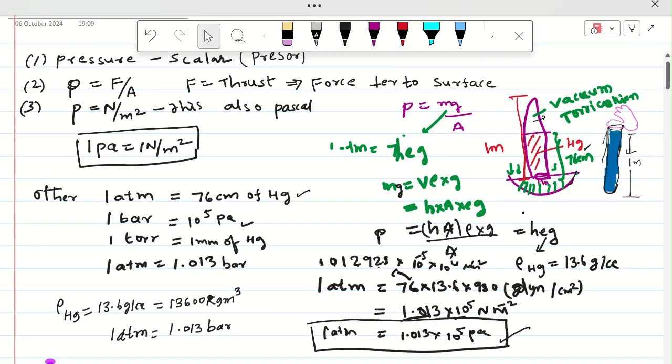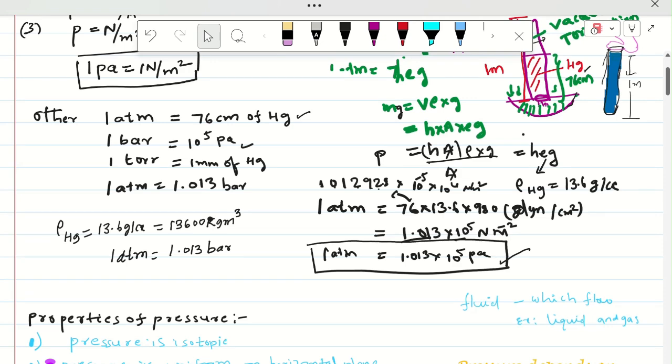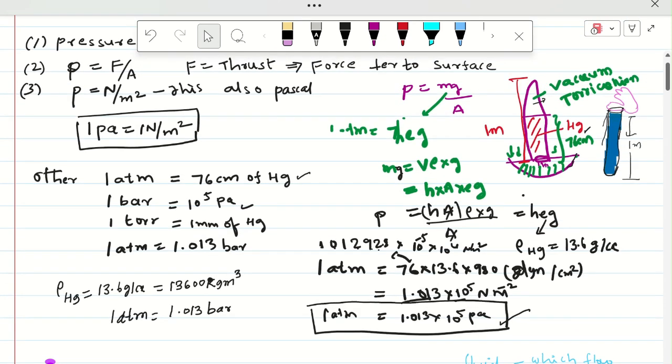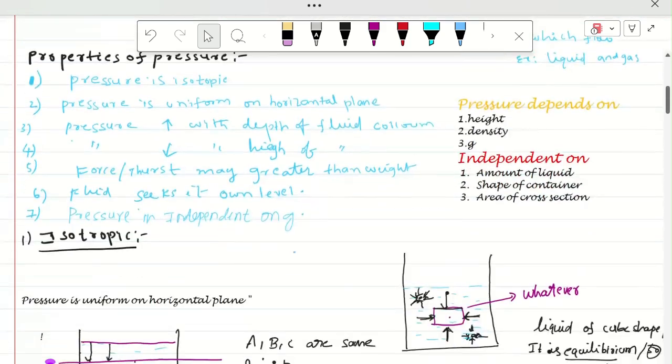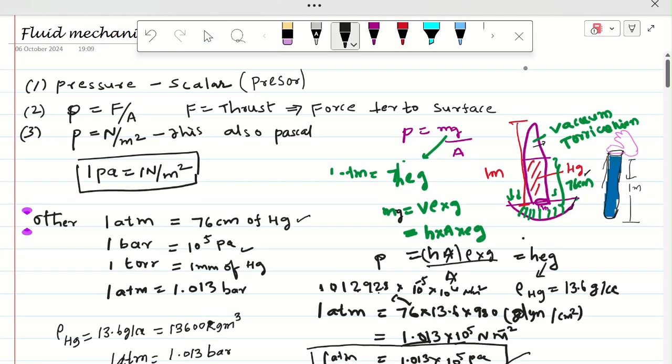Pressure is equal to F by A. Here F means thrust. So that is the first property of pressure, which I will explain. The pressure is always considered perpendicular to the contact surface. The tangential force will not give pressure. Pressure is due only to the perpendicular component of the force. Take a liquid in a vessel and a force acting on it. The liquid drop is not moving in a tangential direction, so tangential force does not act.